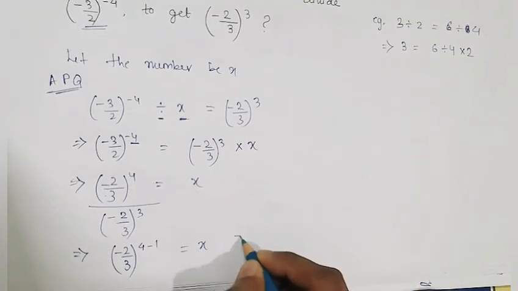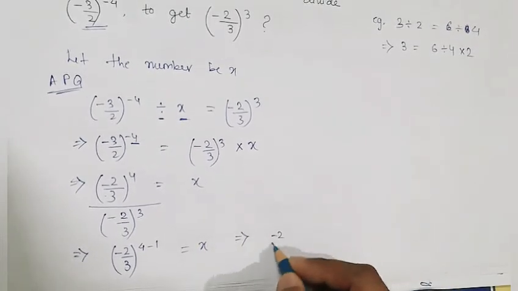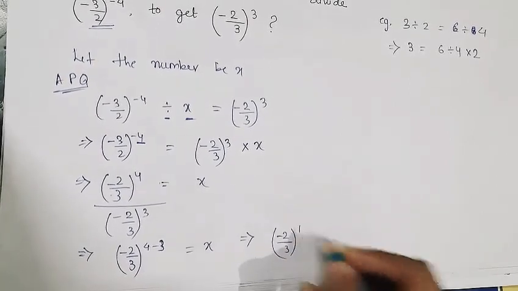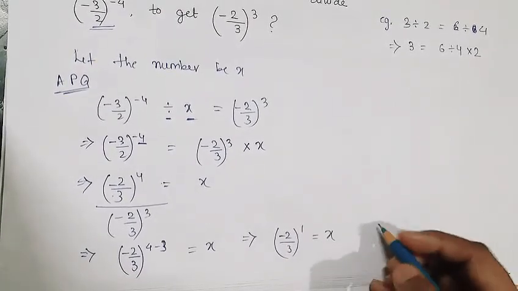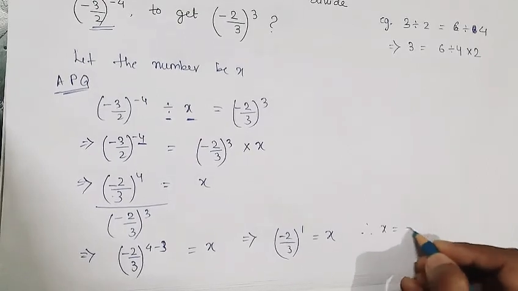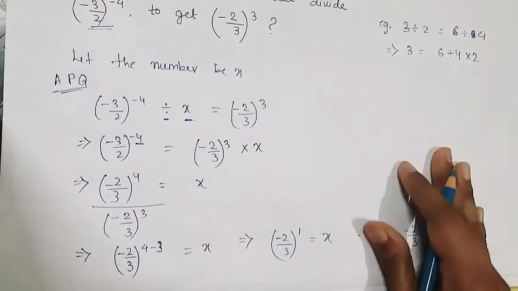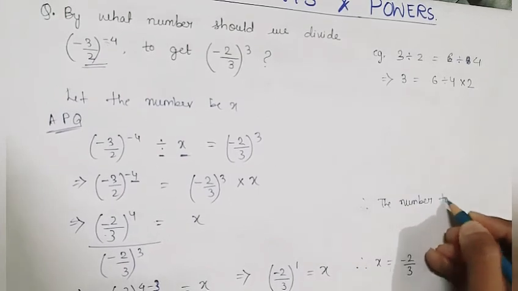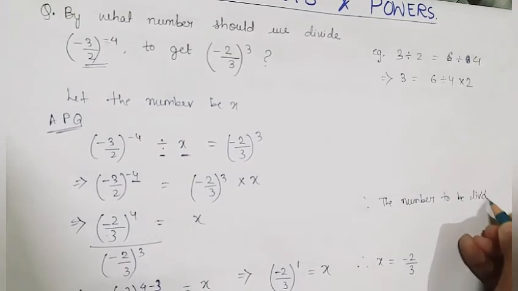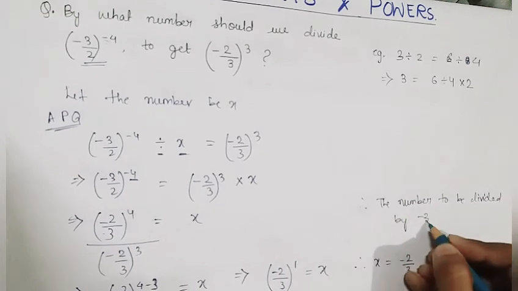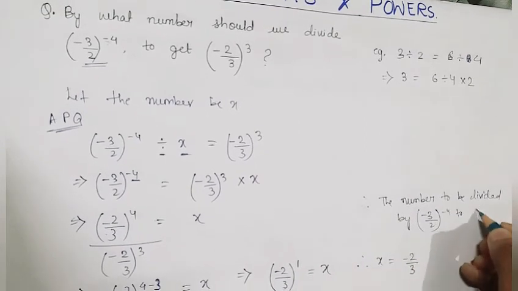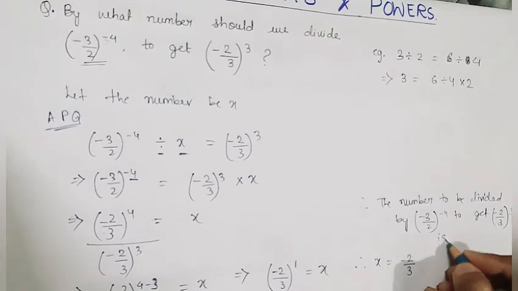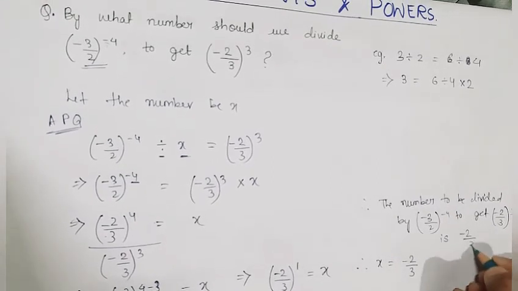This is equal to (-2/3)^(4-3), and 4 minus 3 is 1, equals x. So we got the value of x, which is minus 2 upon 3. Therefore the number by which (-3/2)^-4 is to be divided to get (-2/3)^3 is minus 2 by 3.